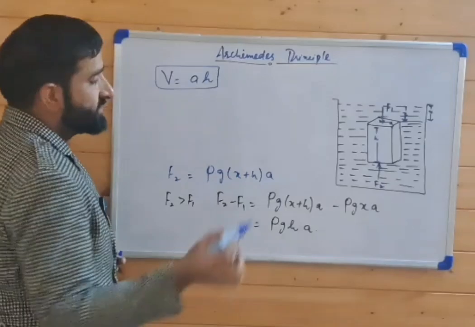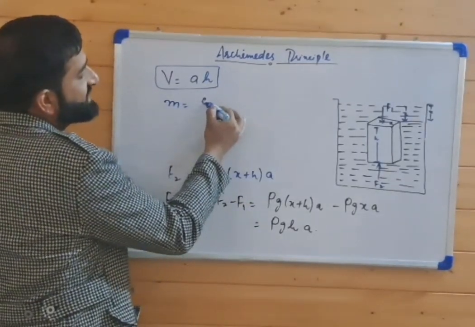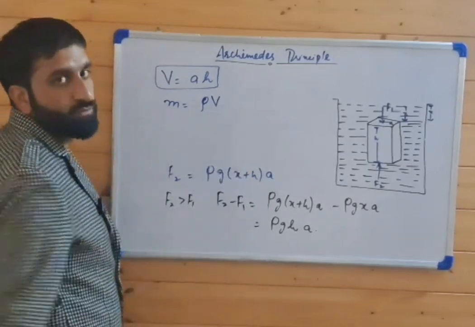Now, the mass of the liquid displaced is equal to the density of the fluid into the volume of the body.